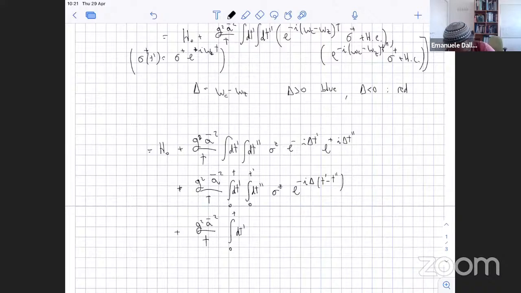The integral over dt'' gives us essentially, so we have e to the minus i delta t'. I take out e to the minus i delta t'', and the integral over t'' gives me 1 over i delta e to the minus i delta t'', from 0 to t'.